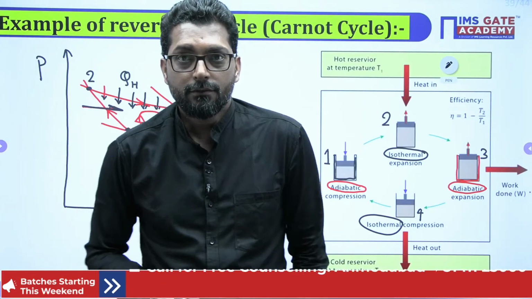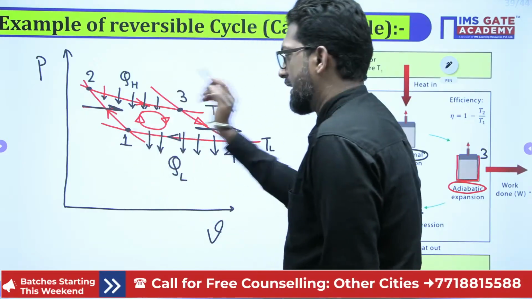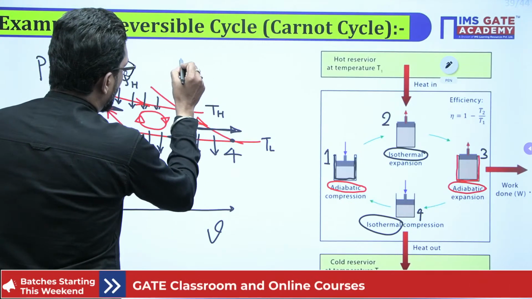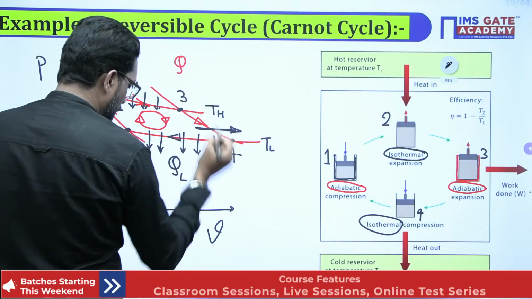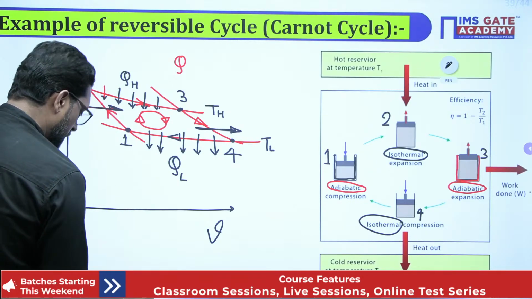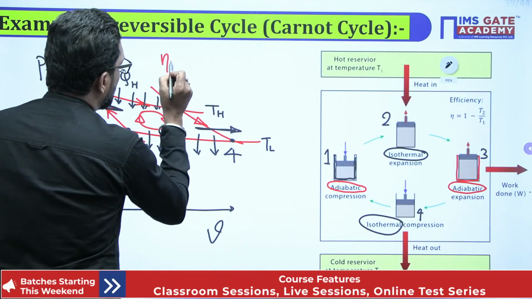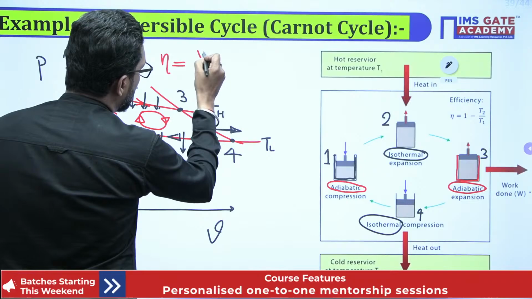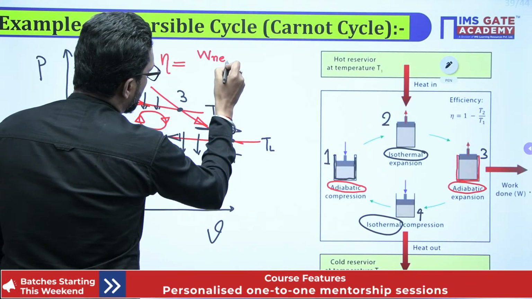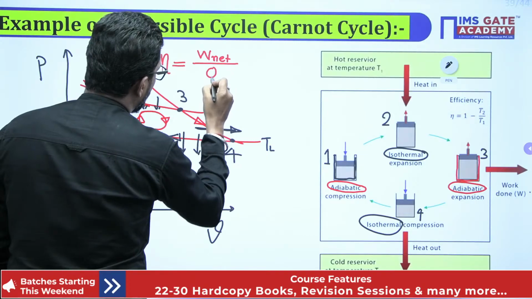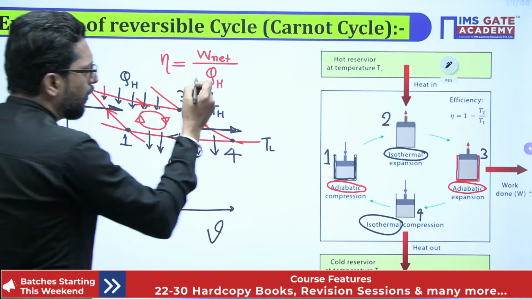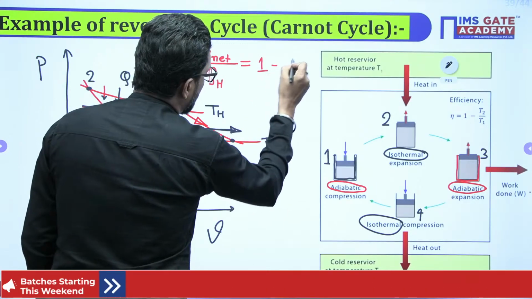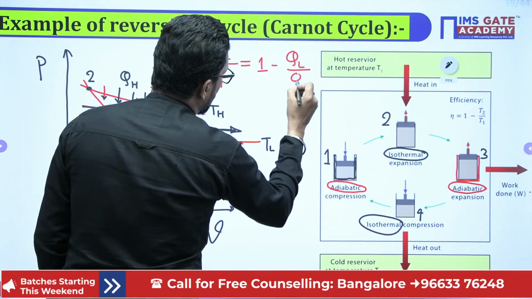Now this is the reversible cycle. What is the efficiency of any engine, any device? Net work output divided by heat supply QH. Now, using the first law of thermodynamics, this is 1 minus QL by QH.